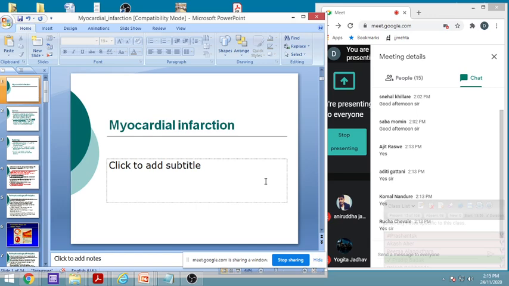Because of this sudden severe occlusion, the supply stops to that particular area, and because of that the area becomes necrotized. Again chest pain, everything will be similar, and that will result in damage to that area, that will affect pumping, and sometimes it can even cause stoppage of the heart. That can be a very dangerous situation.